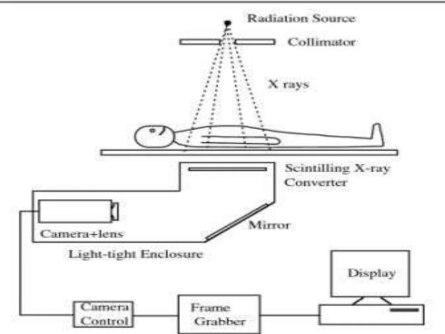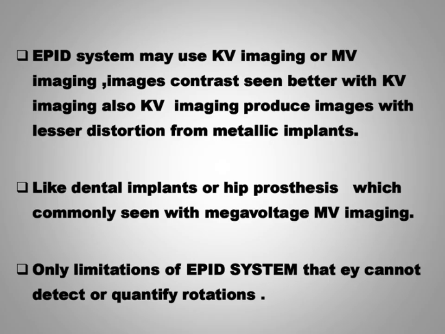So usually if you buy a modern linear accelerator, the EPID is already inbuilt. EPID just gives you a 2D image, but the image, taken just before or during the time of radiotherapy, can be utilized very well.